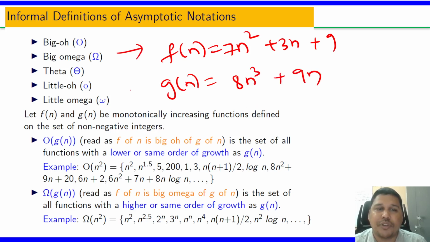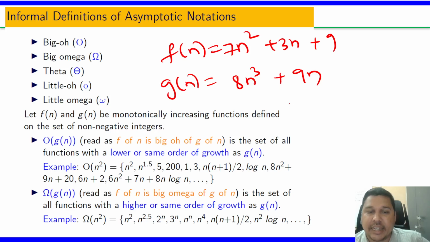So we may have two different functions, f of n and g of n, like this. When you have two functions, we are trying to find out the order of growth. After finding the order of growth, we are talking about which is the best one, right? So assume that these two are the functions.